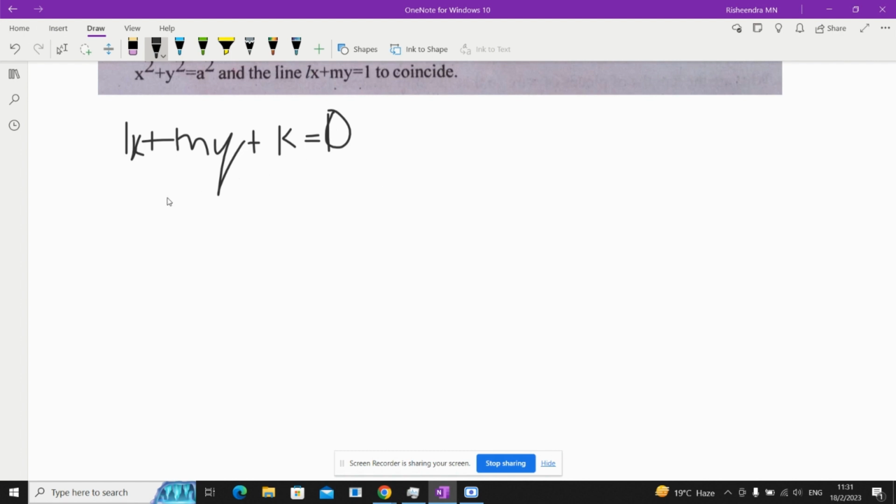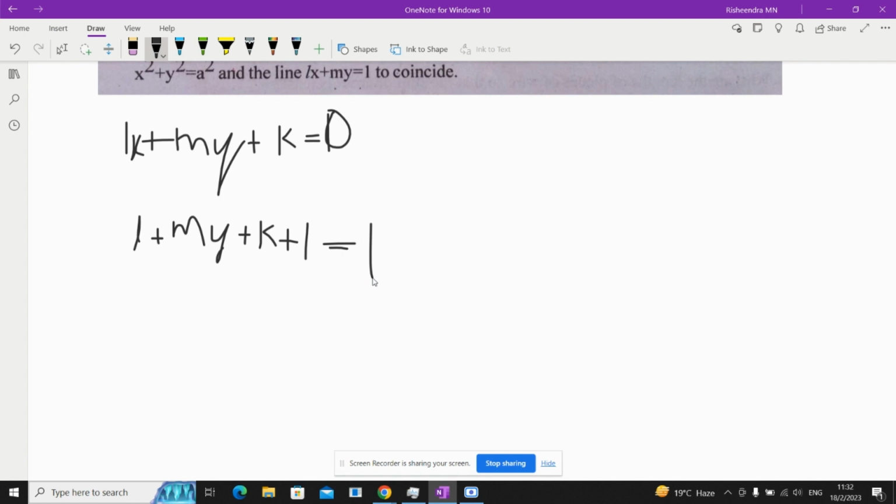Or we can also write it as lx plus my plus k plus 1 is equal to 1.